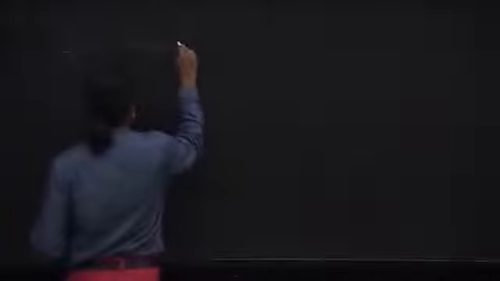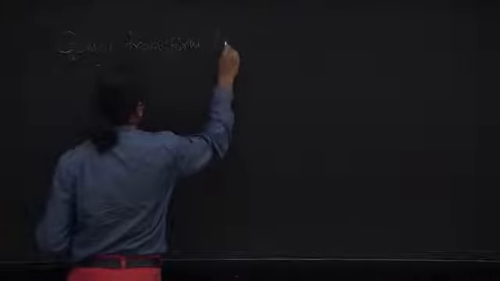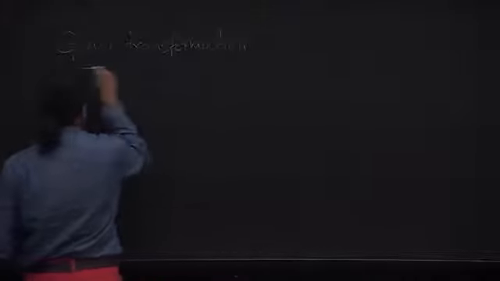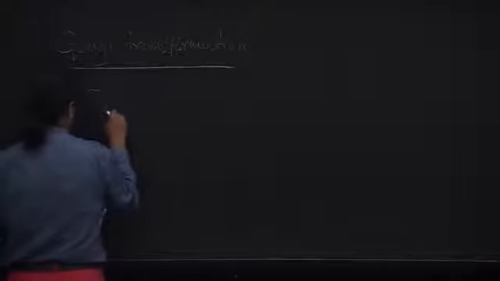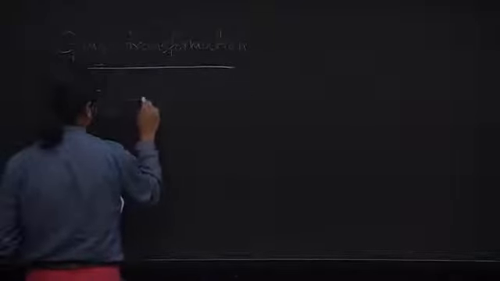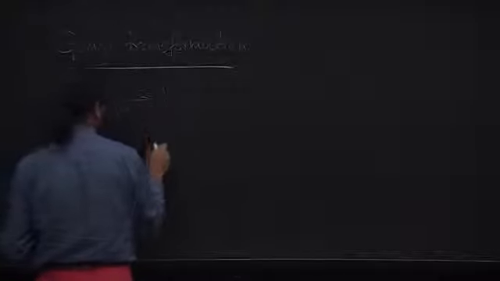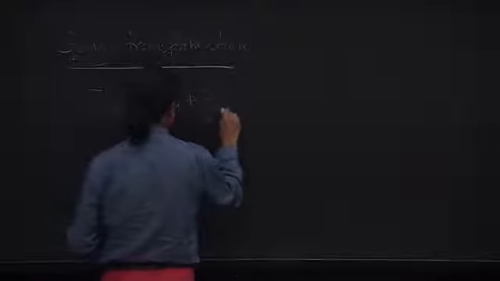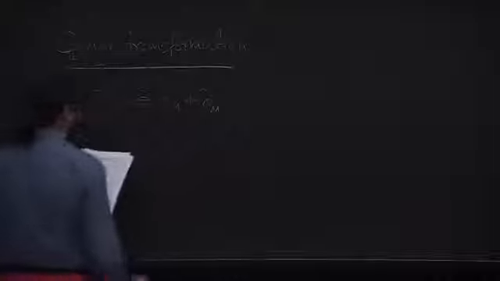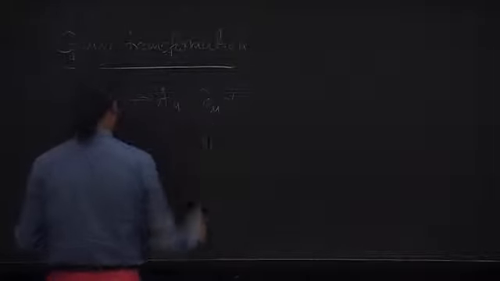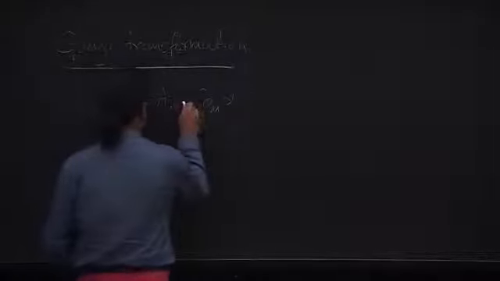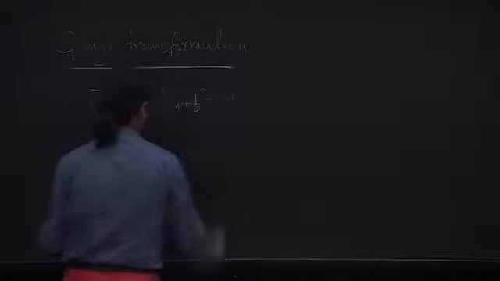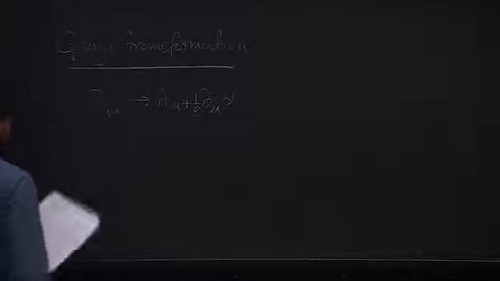So now what we mean by gauge transformation is some function alpha, and we can adjust so that the coupling E is over here.